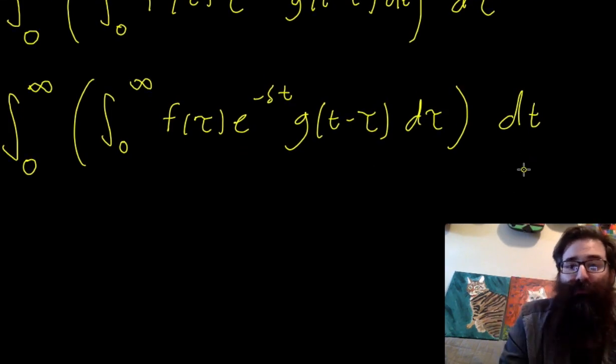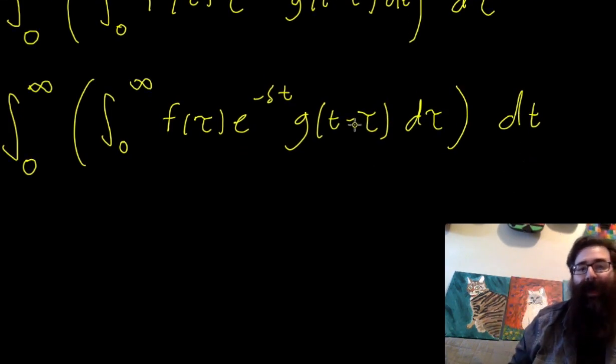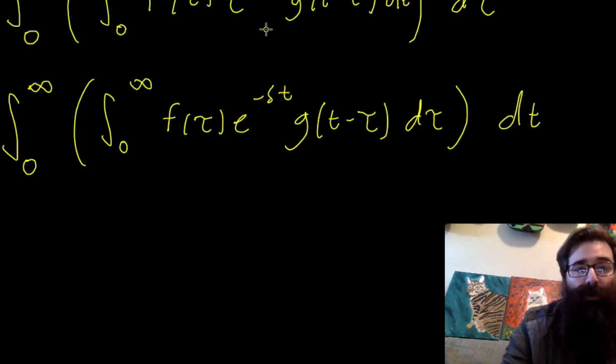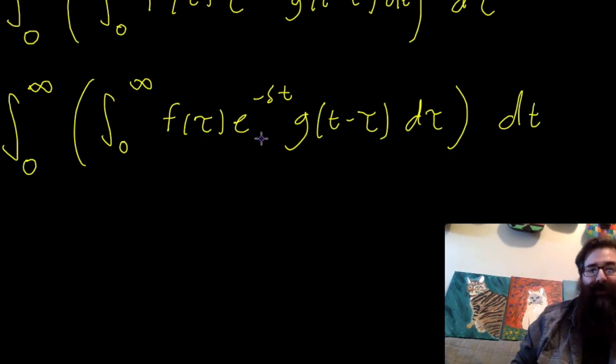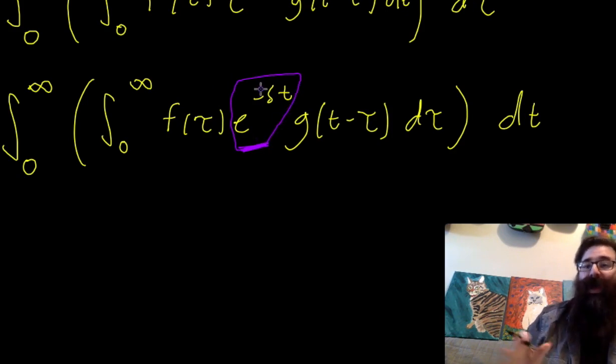This puts us in a really good place, because now that we've reversed the order, the inner integral is with respect to tau, so only the stuff that has a tau in it needs to stay, which means that this e to the minus st term, which has no tau in it, can be treated as a coefficient, and I can bring it out in front.